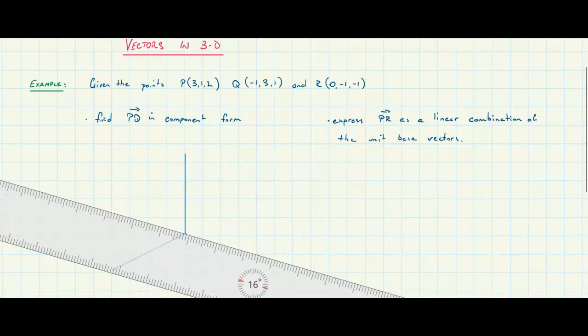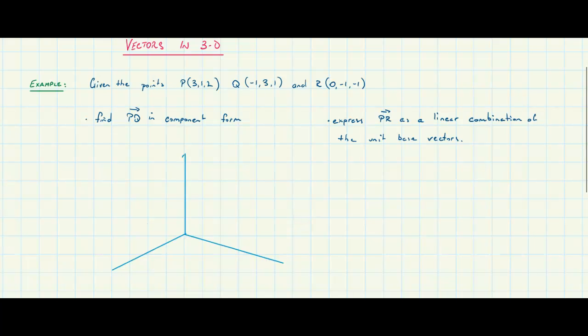We don't need to measure it, but that's kind of the idea. We've got the origin in the middle there, and our axes are labelled like so. That's our z-axis, this would be our x-axis, and this would be our y-axis.